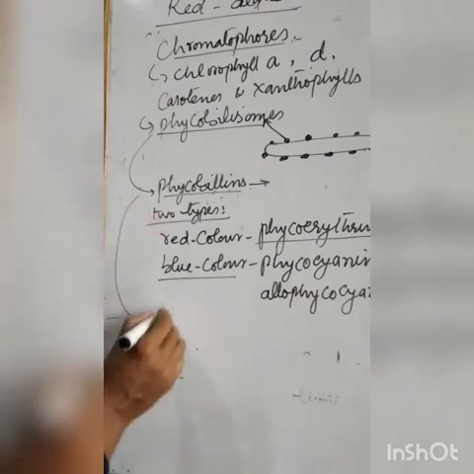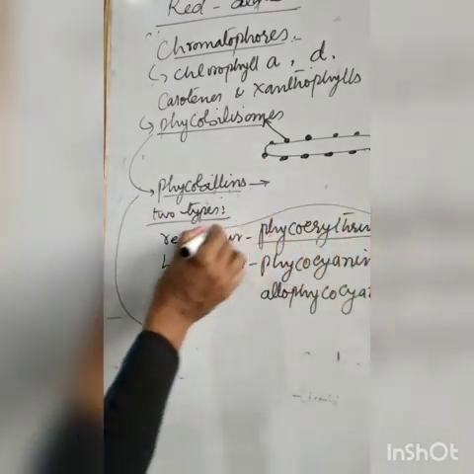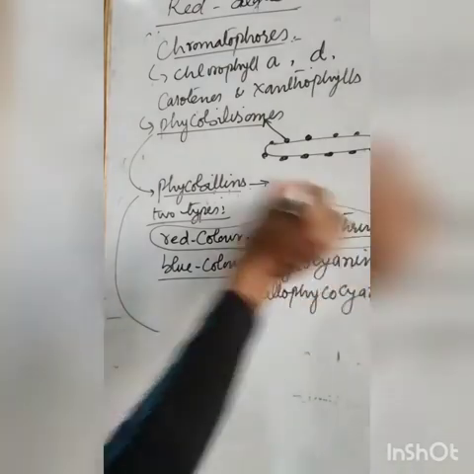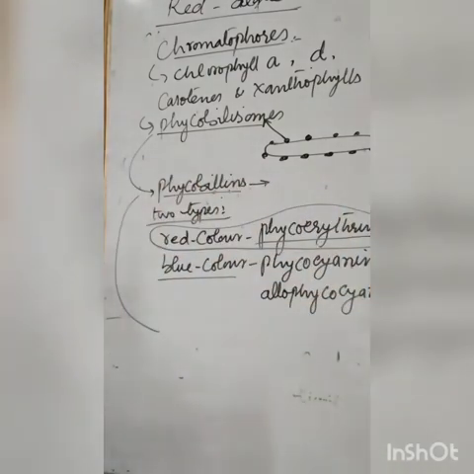Red algae have dominance of the red phycobilin, phycoerythrin, so they are red in color. The red color of the algae is due to abundant formation of phycoerythrin. This phycoerythrin is able to absorb blue-green wavelengths of light.